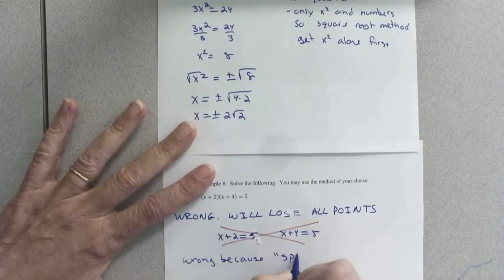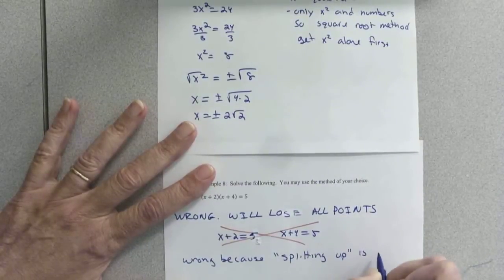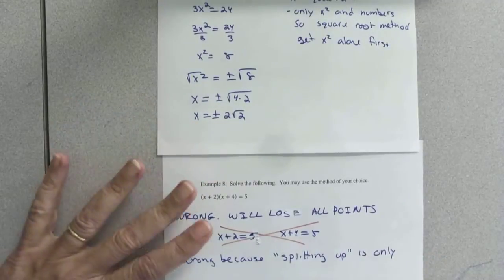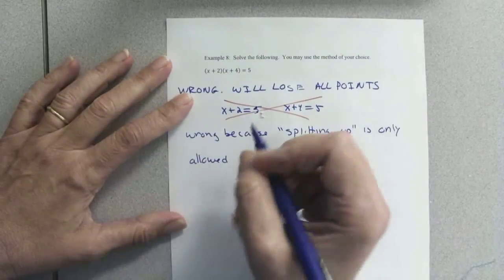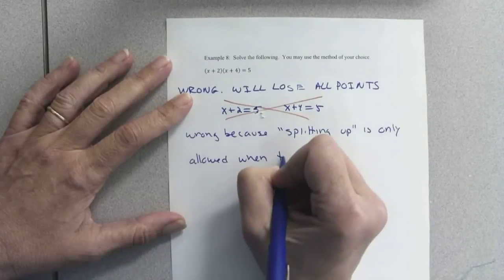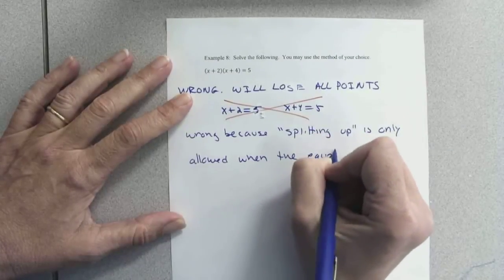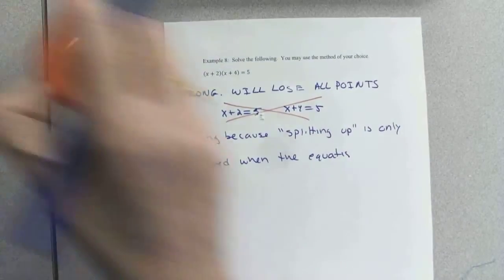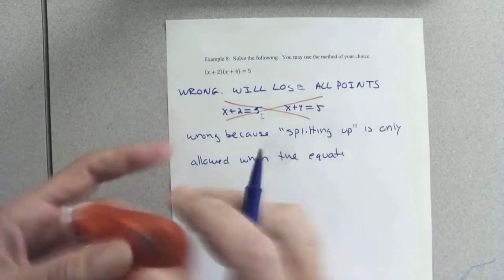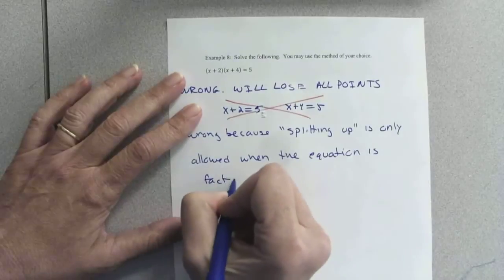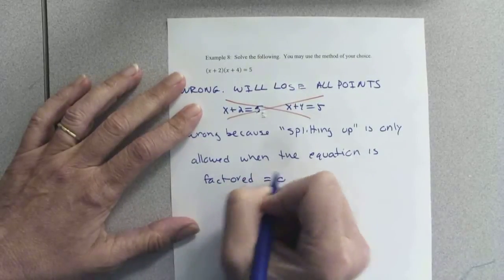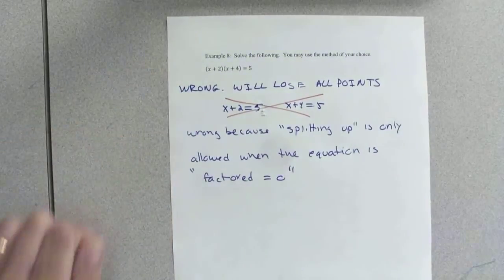Because quote-unquote splitting up is only allowed when the equation is factored and equal to 0.